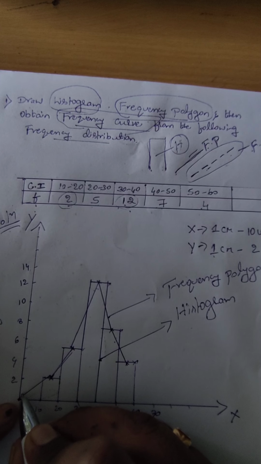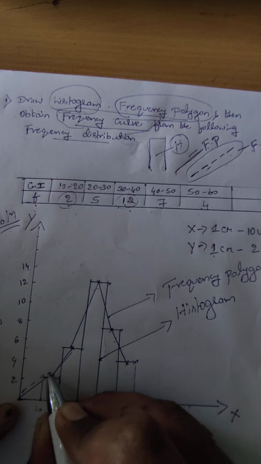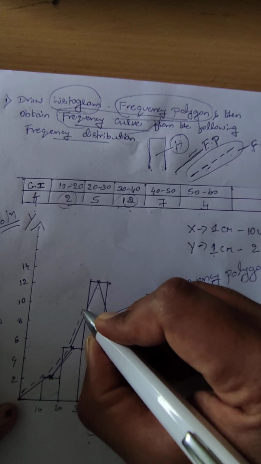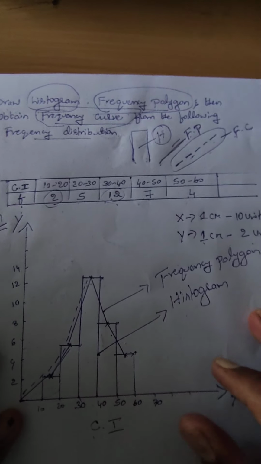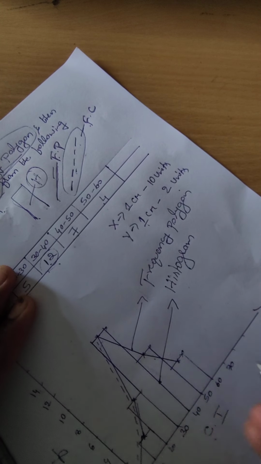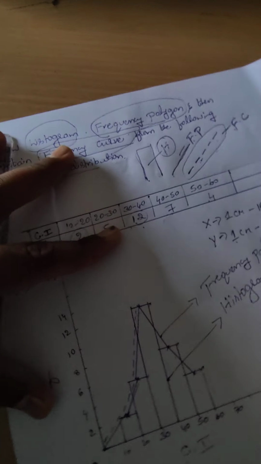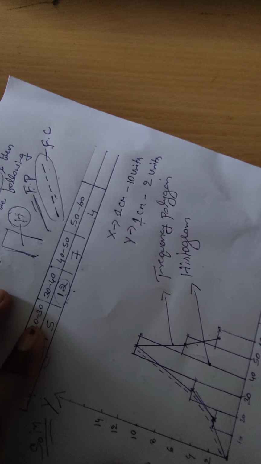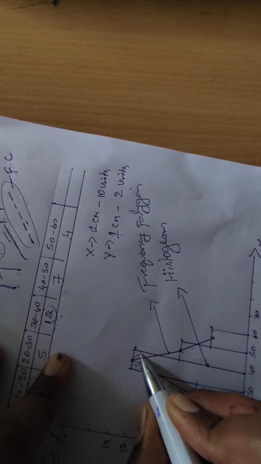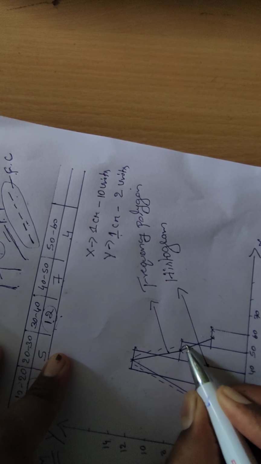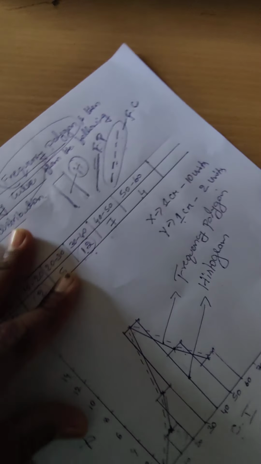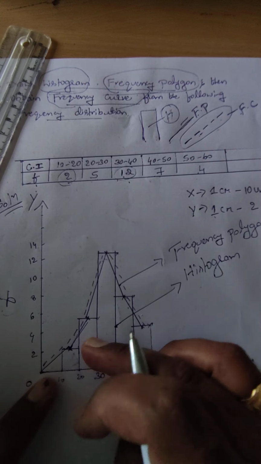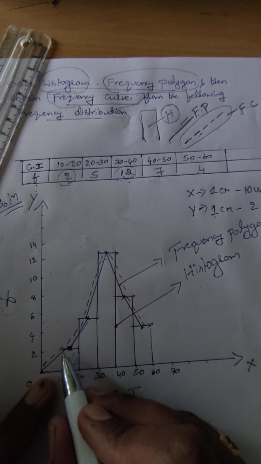We just draw a smooth freehand curve above the frequency polygon. These dotted lines we draw above the frequency polygon.